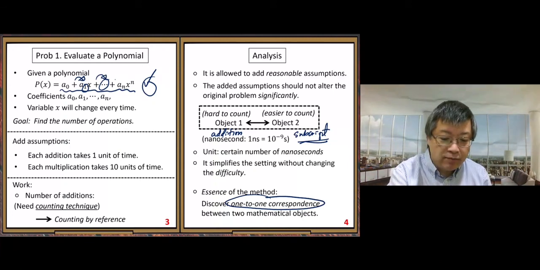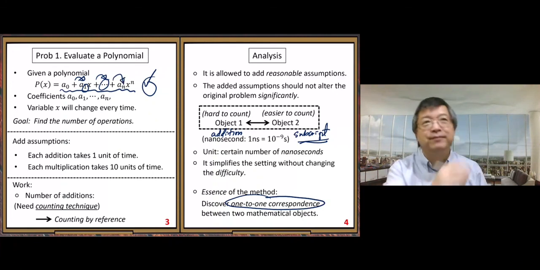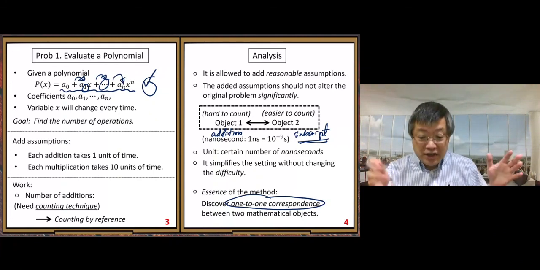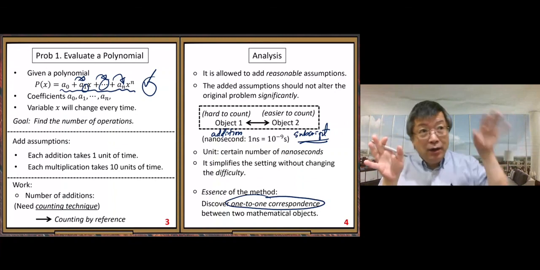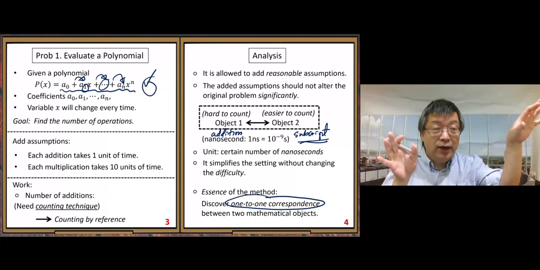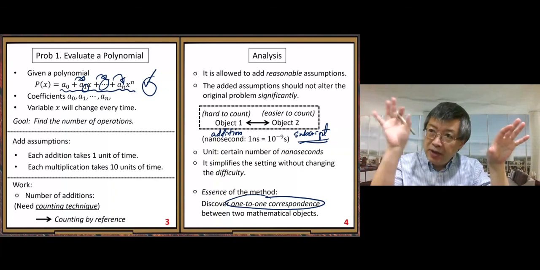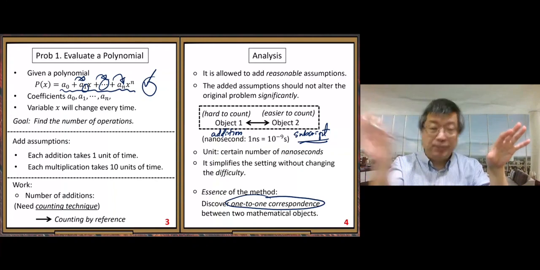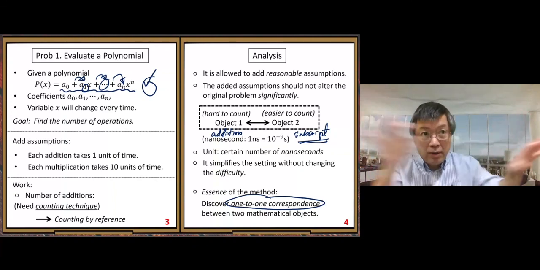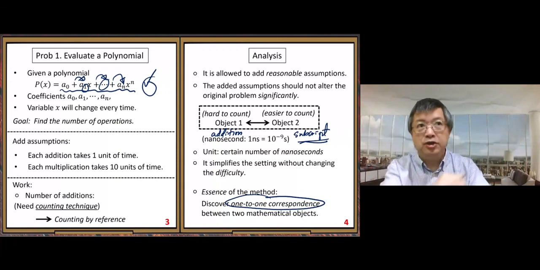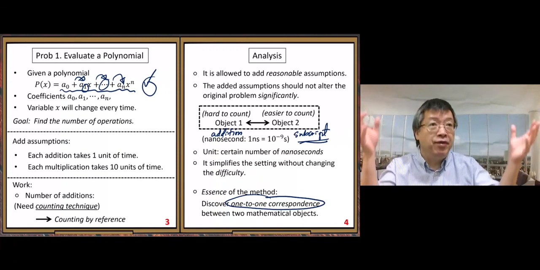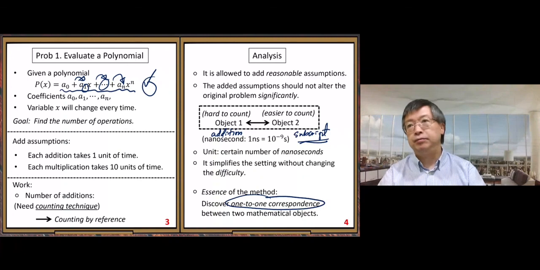The last plus sign is associated with the last subscript, n. Is that a one-to-one correspondence? One plus sign corresponds to exactly one subscript. So we establish a one-to-one correspondence between these two mathematical objects.